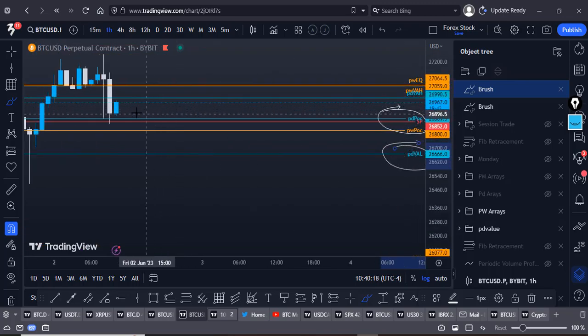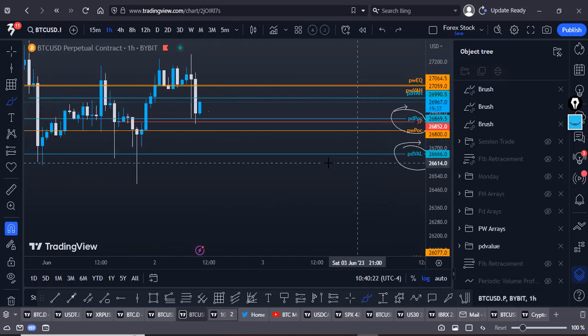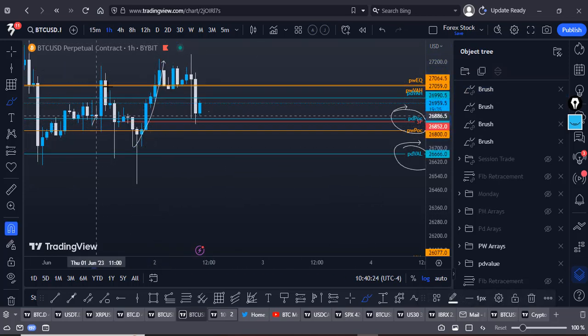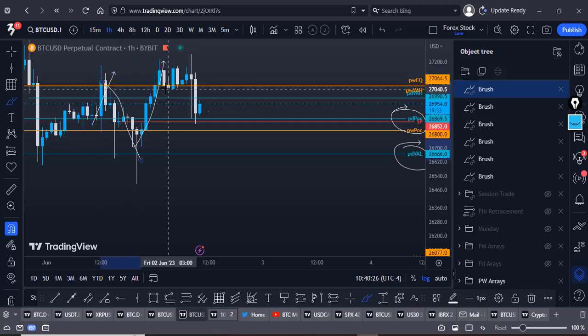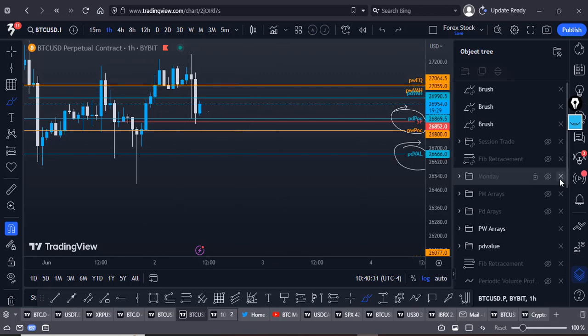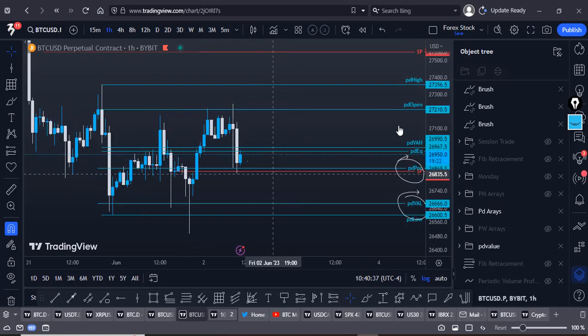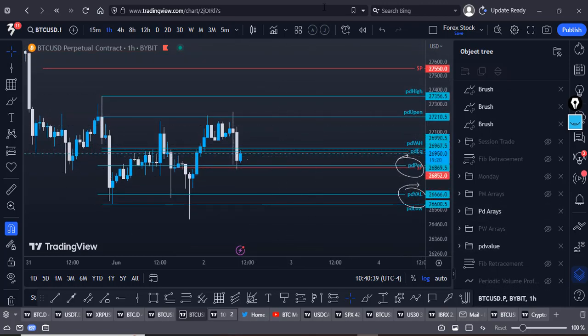And the previous monthly PDPOC above it, single print above it, previous weekly POC above it. So we are good to go. We need to reclaim the previous daily value area high that has been rejecting so far. The previous weekly value area high is also rejecting so far. We need to reclaim them to get bullish and achieve this long trade setup.